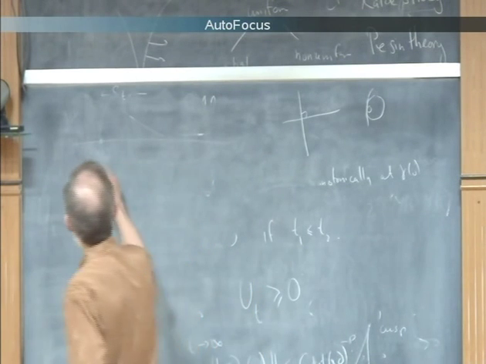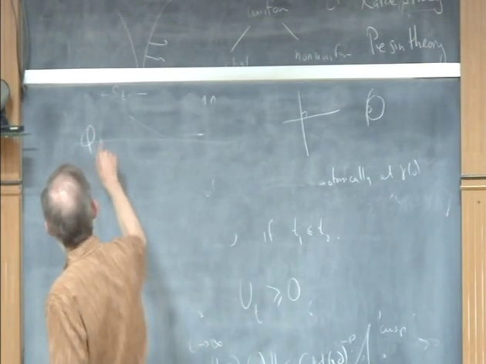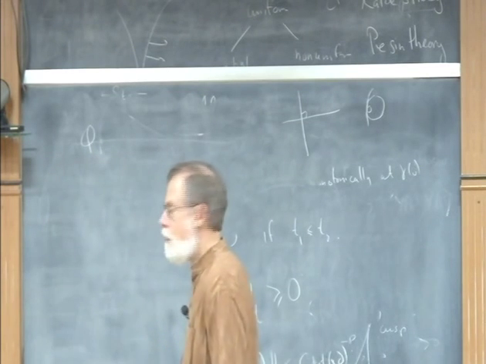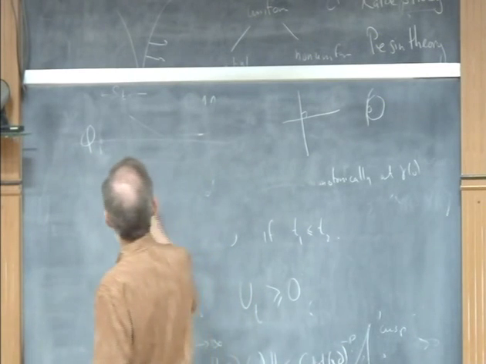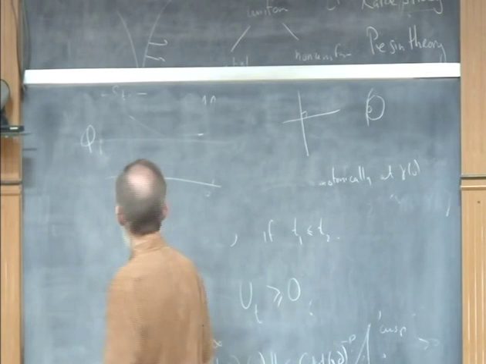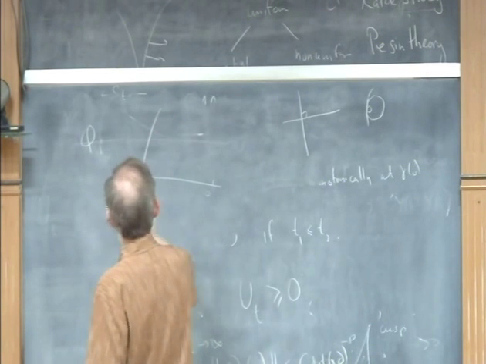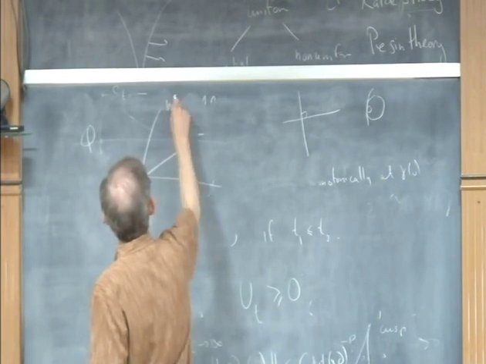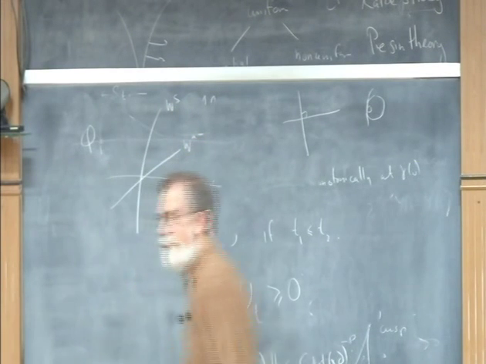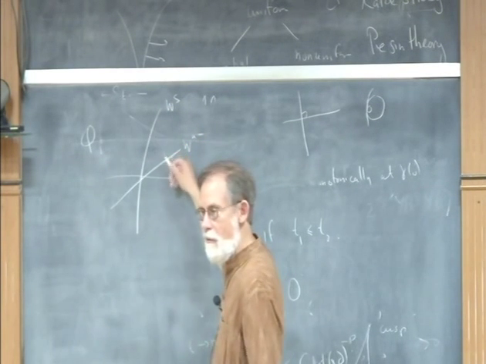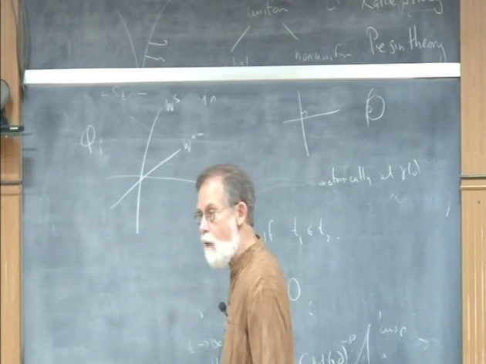Well, so if we think about the time one map, you've got a picture of the center direction. You have stable and unstable. These are what are called the strong stable and unstable foliations.